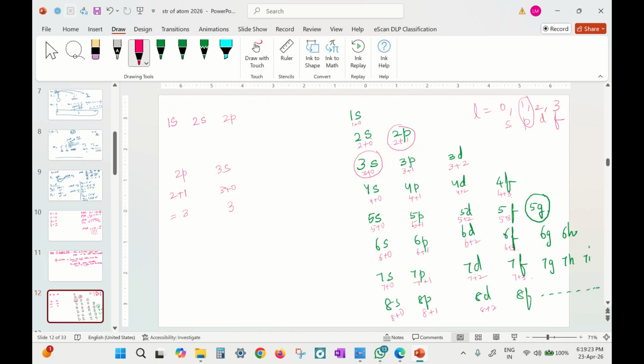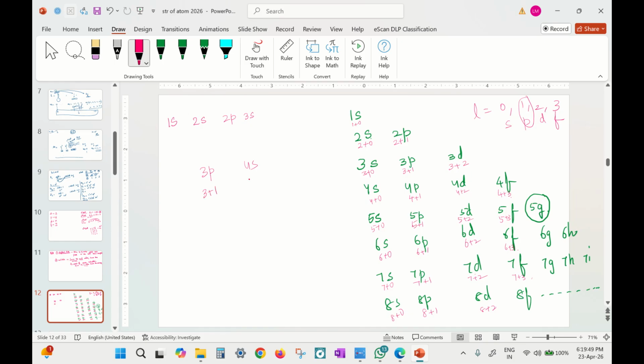So according to this, which has got lower energy, the 2P or 3S? 2P. So we'll give the electron to 2P, then after that 3S. Then after 3S, 3P. Now incidentally 3P and 4S have got same energy.